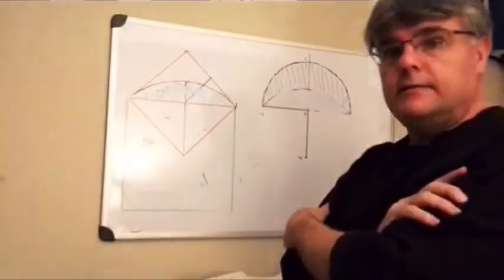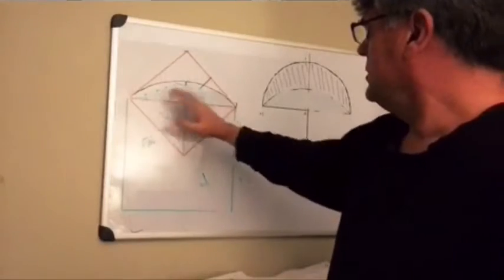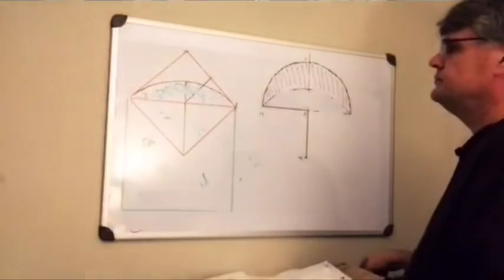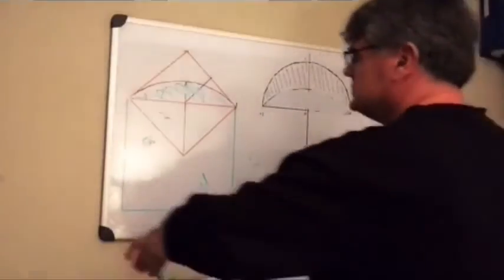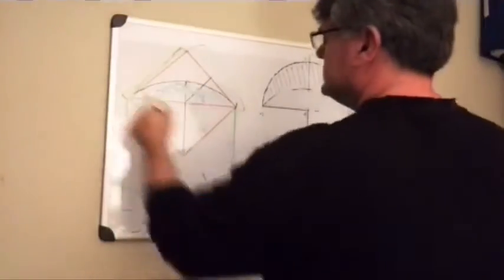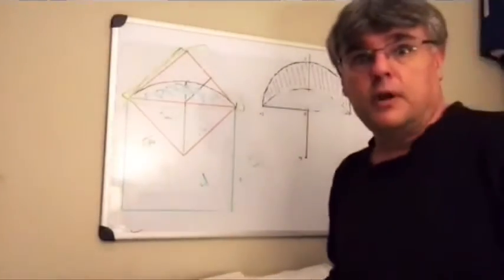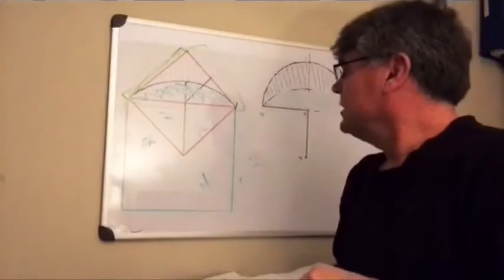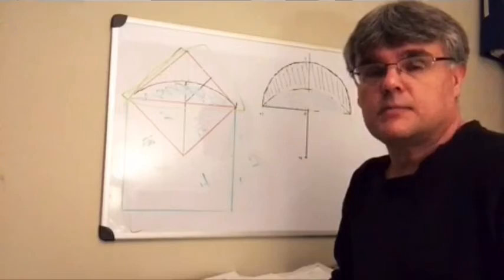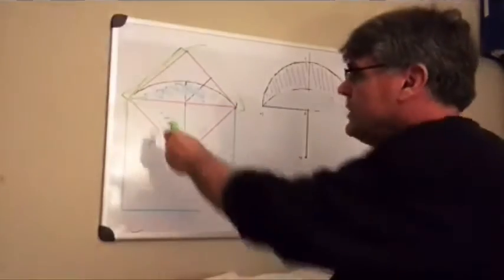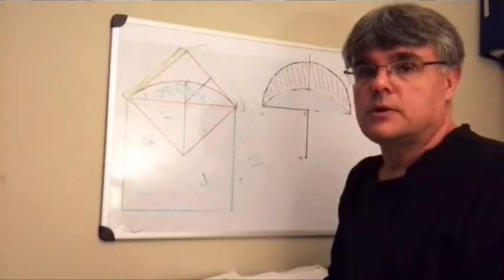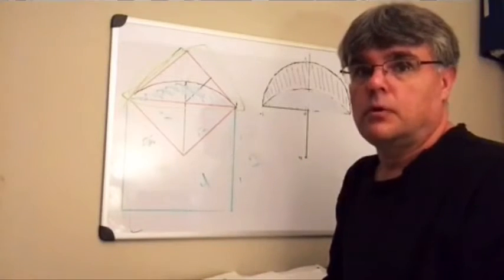Now what I have is that the area of this crescent shape is equal to the area of this triangle right here. And I can prove the area of that triangle. It's half the base times the height. What's the base? It's 2. What's the height? It's 1. 2 times 1 is 2. What's half of 2? 1.